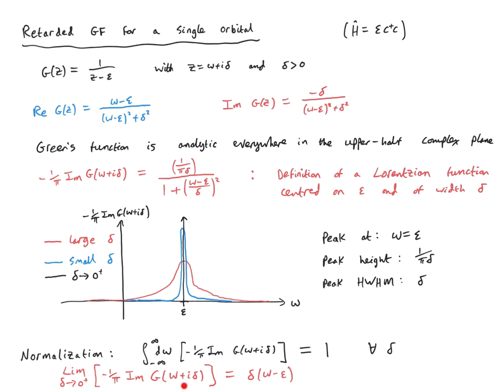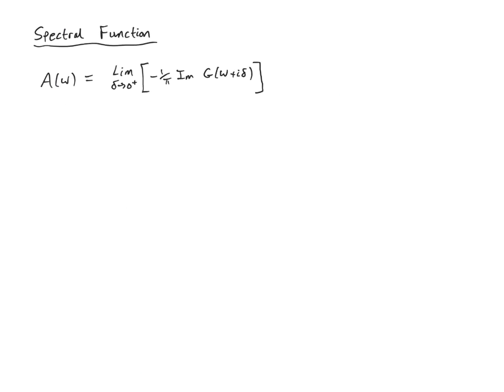This is an important quantity, and we give it a name. We call it the spectral function. The spectral function a of omega is defined as being the limit of delta goes to 0 plus of minus 1 upon pi of the imaginary part of the corresponding retarded Green's function.